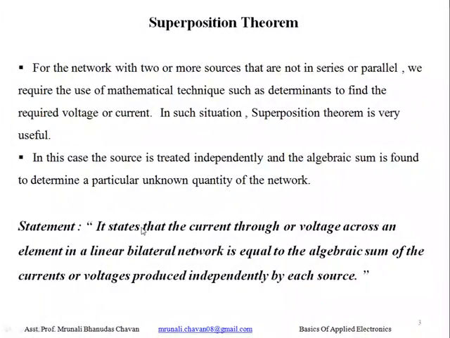Let us see the statement. It states that the current through or voltage across an element in a linear bilateral network is equal to the algebraic sum of the currents or voltages produced independently by each source.